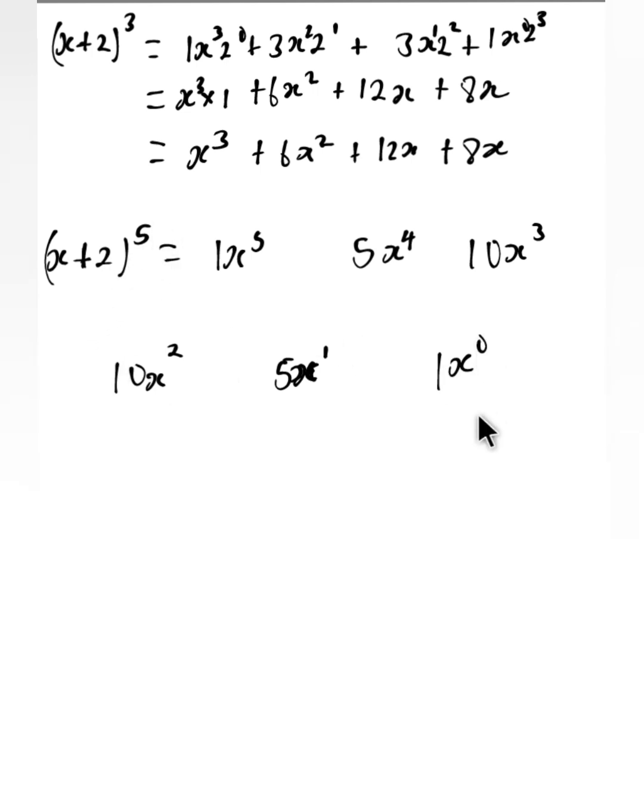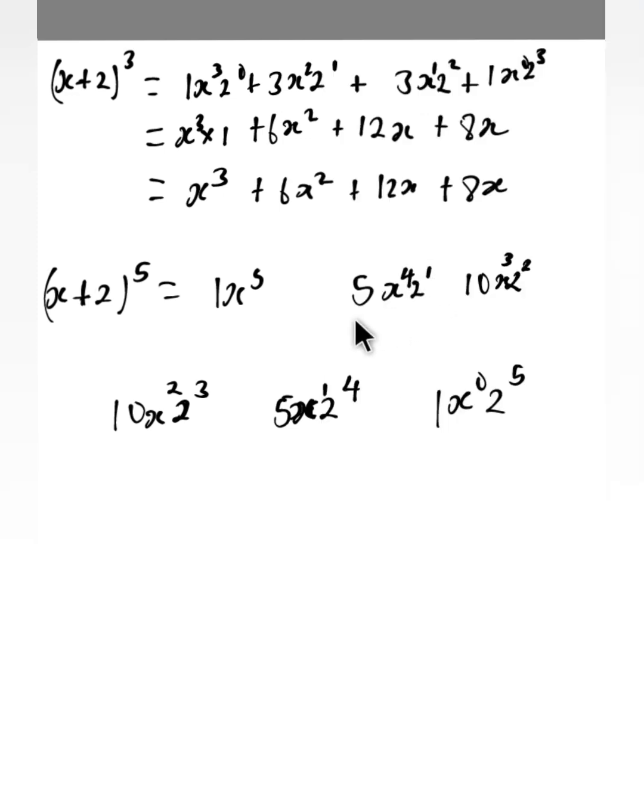For 2, it becomes 2 raised to the power 5, 2 raised to the power 4, 2 raised to the power 3, 2 raised to the power 2, 2 raised to the power 1, and 2 raised to the power 0.